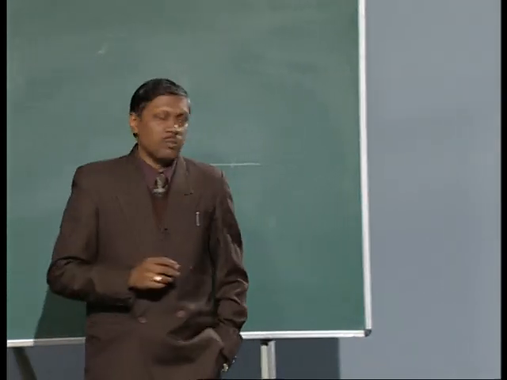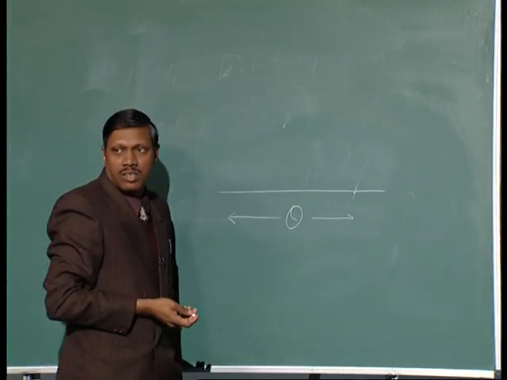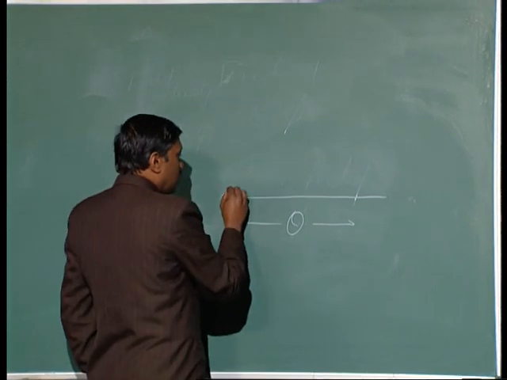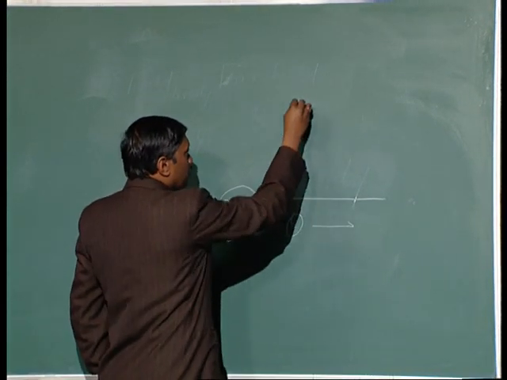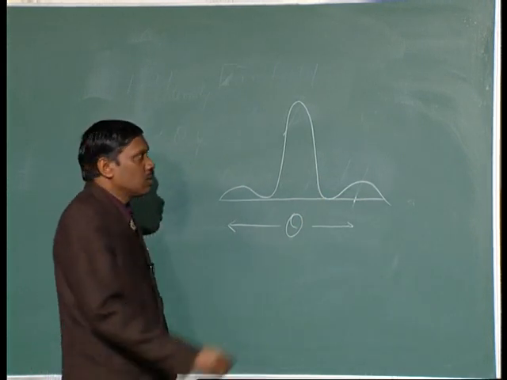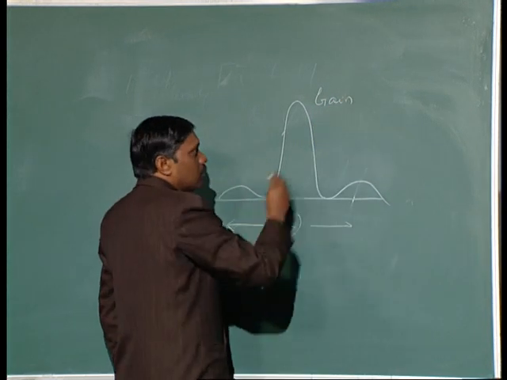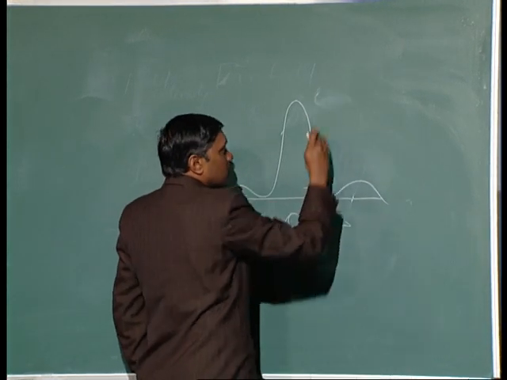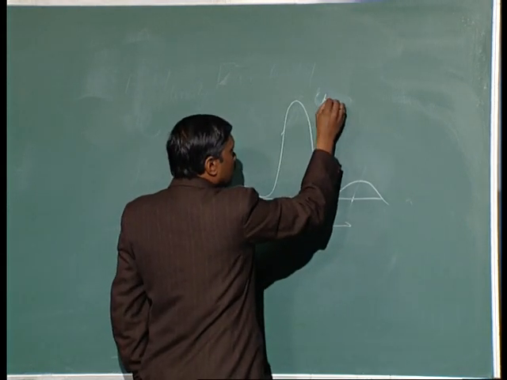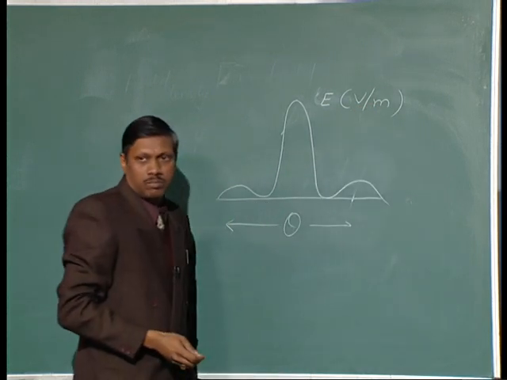Then I am trying to find out how this electric field intensity is changing with different theta values. Then as we are drawing, maybe our field distribution will take a shape like this. So, here this is nothing but the gain. We will not use the word gain now, because it will be confusing at this moment. We will say this is the electric field intensity, which is volt per meter, V/m.